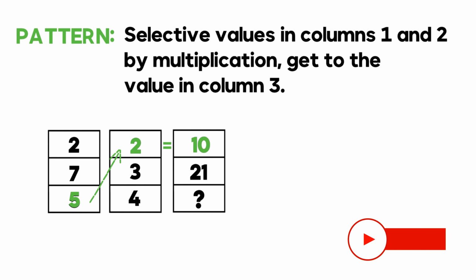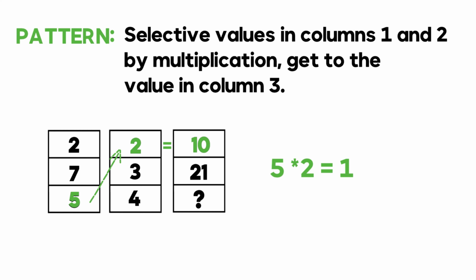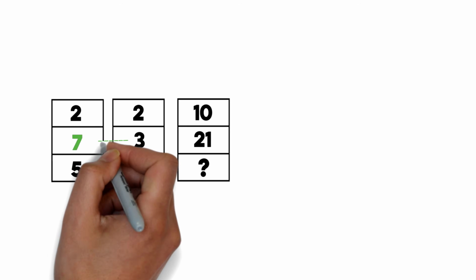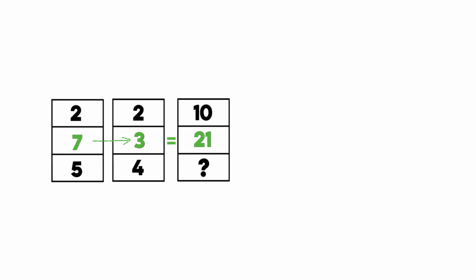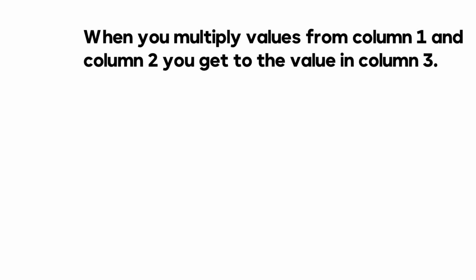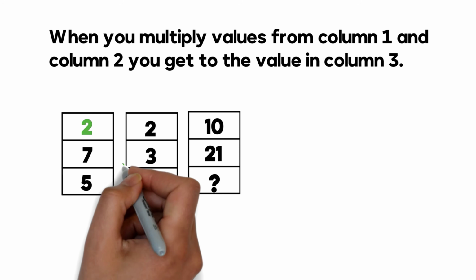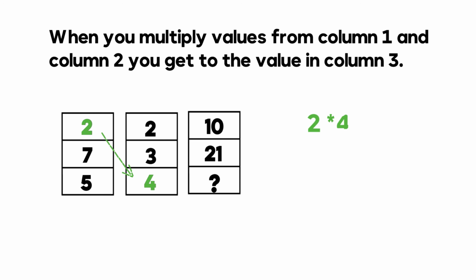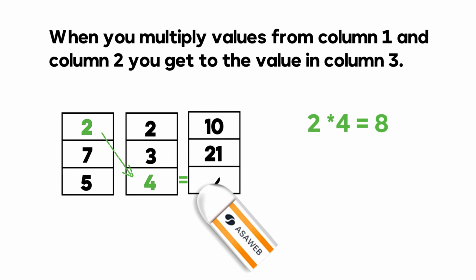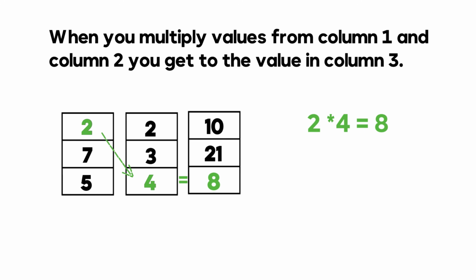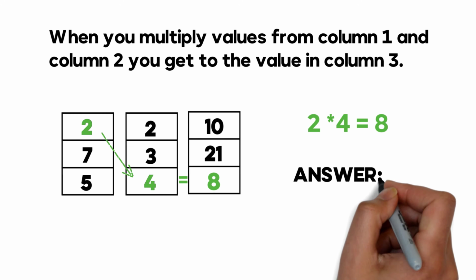If we multiply 5 by 2, we get to the value of 10. Second set of values represented by the middle row. 7 multiplied by 3 equals 21. So the missing values here can be calculated by multiplying 2 by 4, and the end result would be equal to 8. So the correct answer to this problem is choice A, 8.